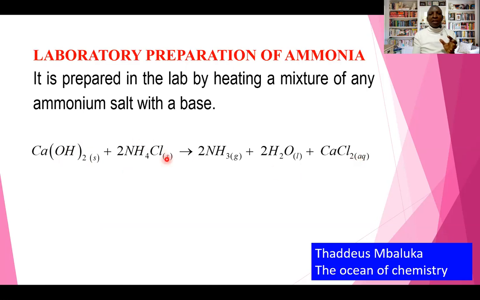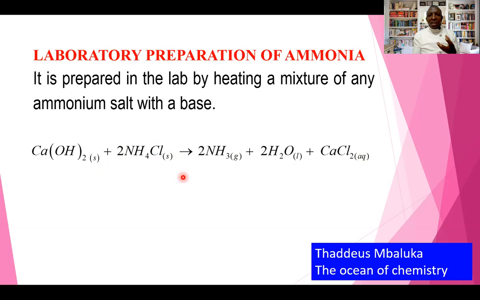So if you react calcium hydroxide with ammonium chloride, you are going to get calcium chloride plus ammonia plus water. The corresponding salt produced here will depend on the ammonium salt used.